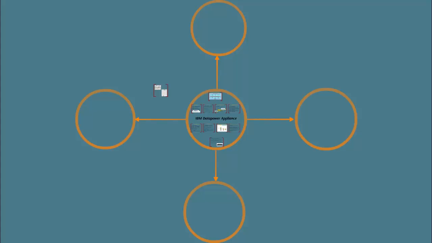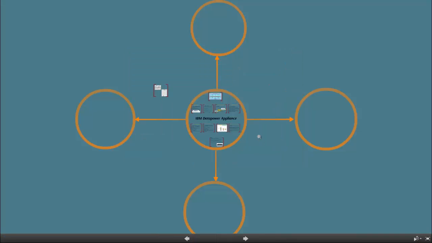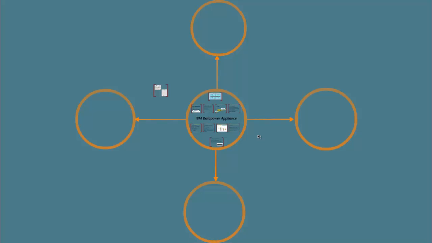In this video, I'm going to go a little bit deeper into the DataPower family, and touch upon key members of the family. I'm going to show you the key properties of each of the DataPower boxes, so that you have a clear understanding of when to use what box.